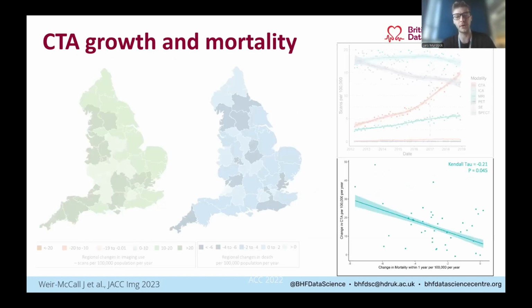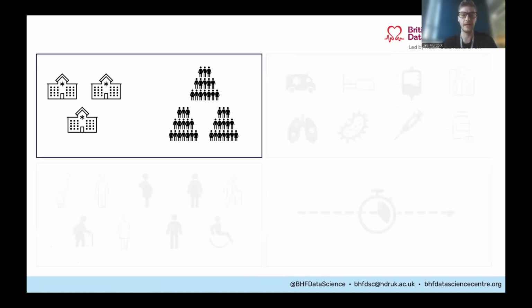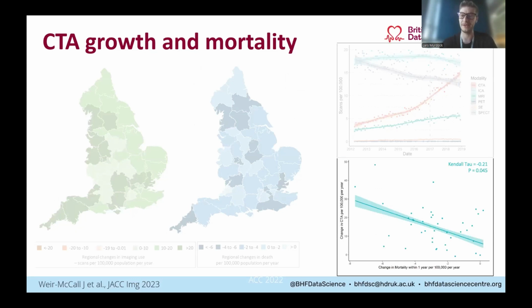And if you plot that on a graph, you see that there is this inverse relationship. The ones that are using this type of scan more or adopting it faster seem to coincide with a drop in cardiovascular mortality. However, if you look at other types of scan or maybe other types of mortality, that's not necessarily the case.